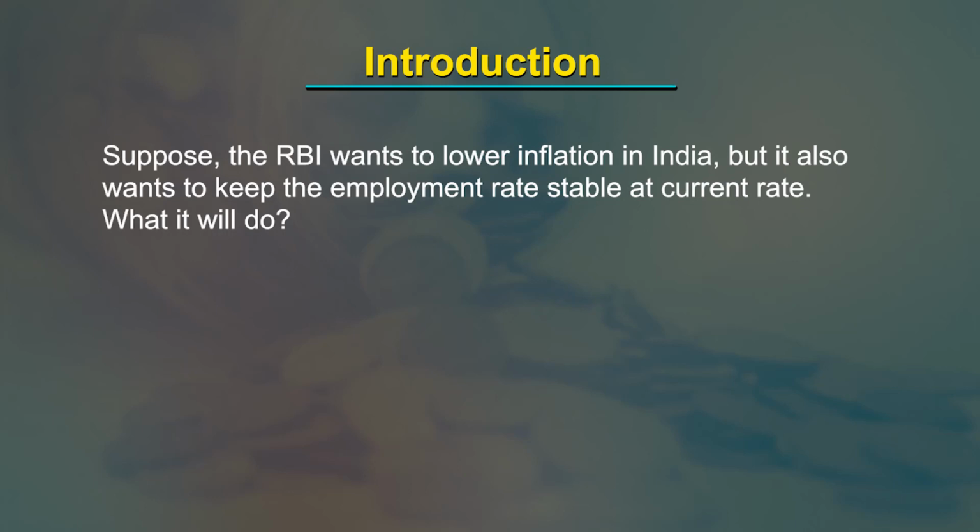Now, for example, if the RBI wants to lower inflation in India, but it also wants to keep the employment rate stable at the current rate. Why am I giving this example? Inflation, or having a stable price level in the economy, should be the prime target of the central bank of any country. But we know that in macroeconomics, there is a very popular curve called the Phillips curve.